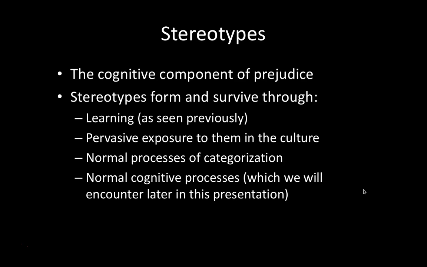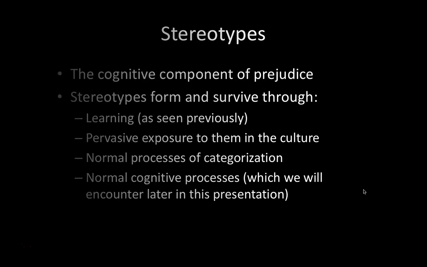Then there are normal processes of categorization, which we've already seen. And then there are normal cognitive processes that support prejudice and allow it to survive. So let's look at some of these in some semblance of order, to give a little bit more examples here.